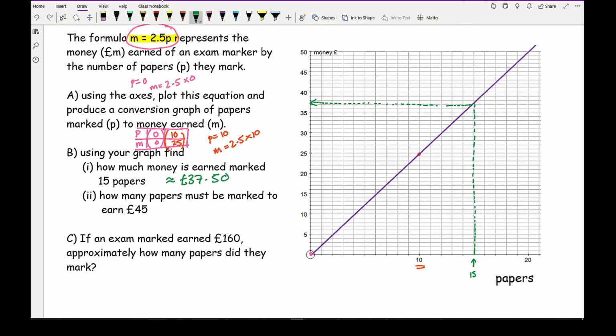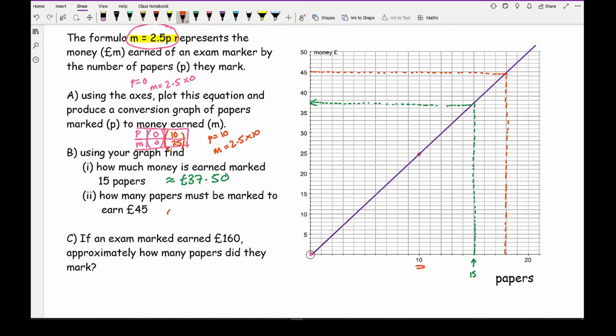And I work out that that's approximately £37.50. Now the next question says how many papers must be marked to earn £45. So I'm going to find 45 along my graph, and I'm going to draw a horizontal line this time until it hits my line. From there I'm just going to project downwards to find out what value it gives me, and I roughly make out that that value is going to be roughly around 18.